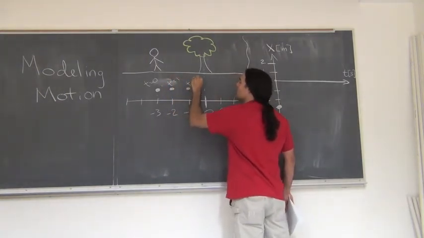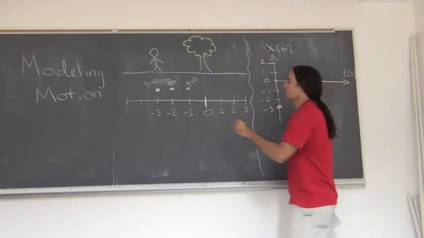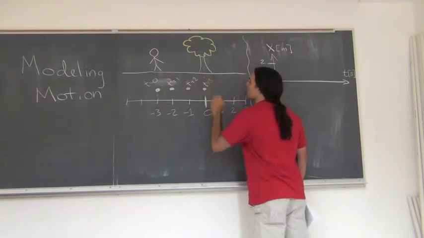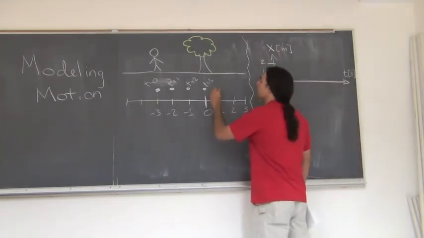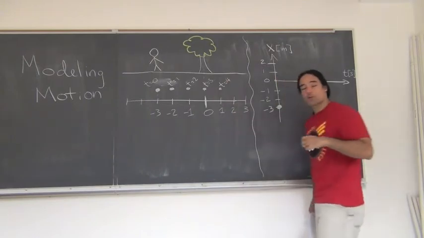At t equals 2 seconds, they're only 1 meter away from the tree. At 3 seconds, they're right next to the tree. At 4 seconds, they've passed the tree by 1 meter.